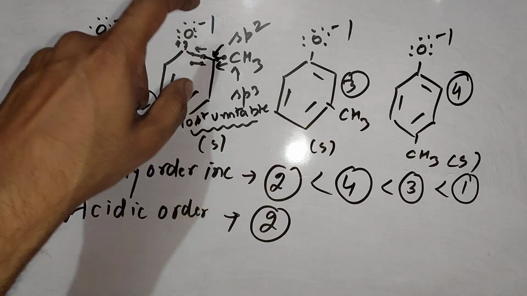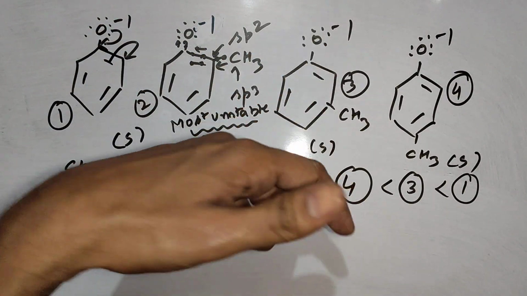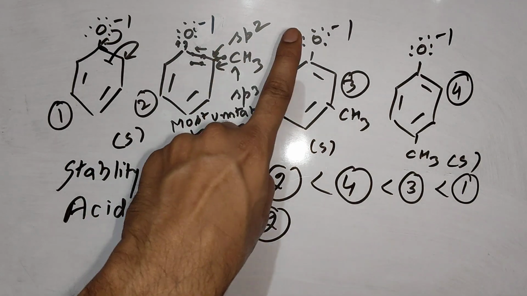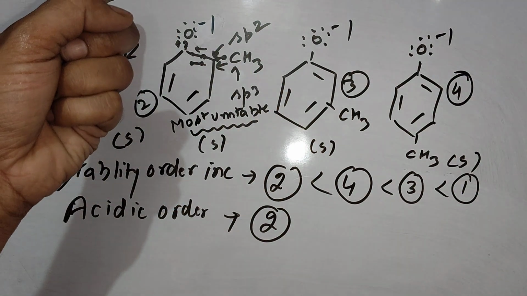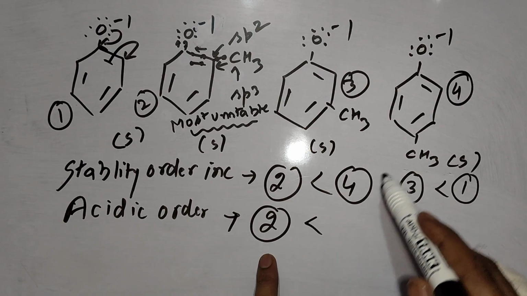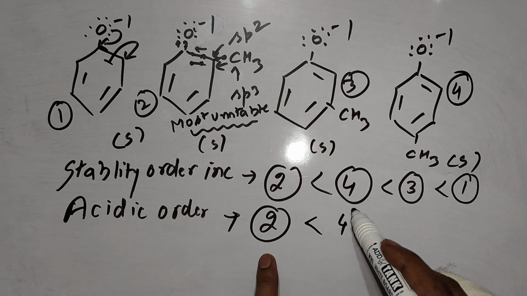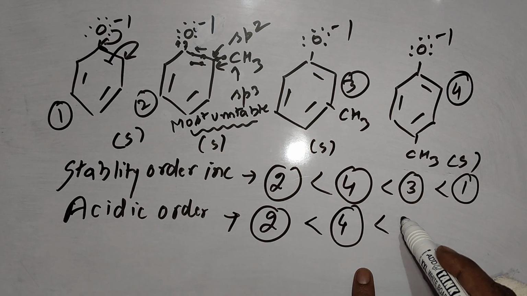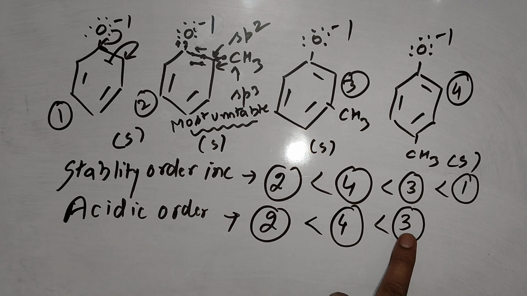So obviously it will resist to release H positive because nobody wants instability. It will become least acidic. Para-cresol will be more acidic than ortho. Meta-cresol will be more acidic than para.